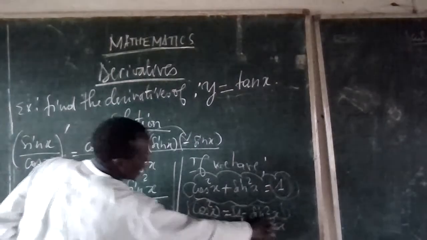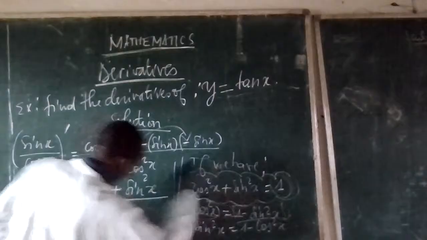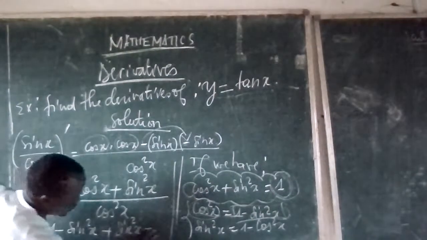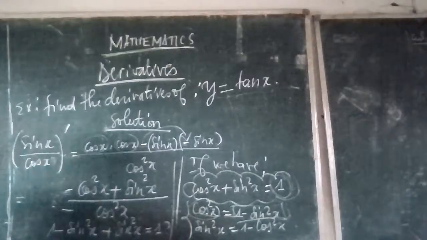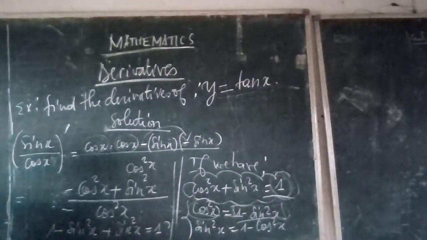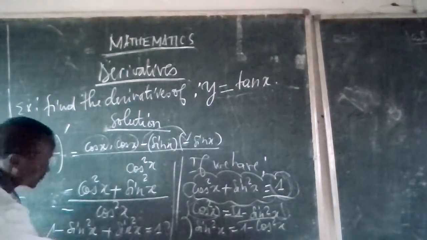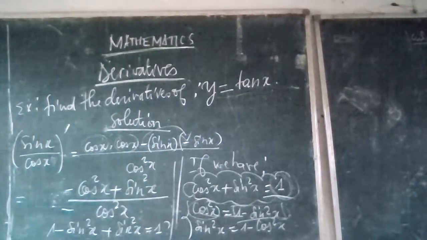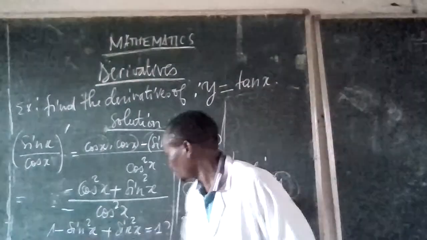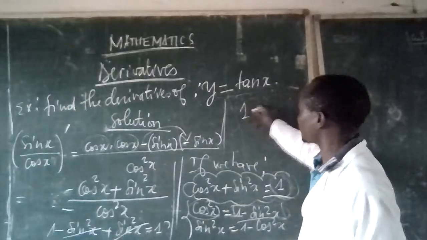Now we take this and put it in the place of this cosine square x plus sine square x is equal to 1. I want to prove this one. Now finally, we simplify this and this one, then we remain with 1 equal to 1.